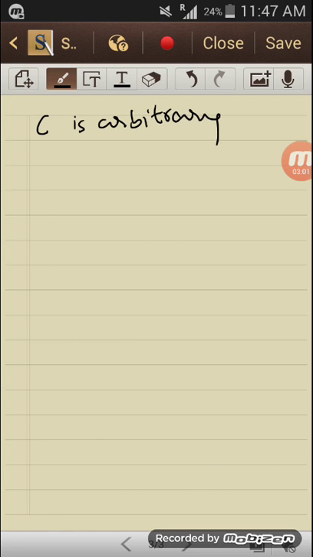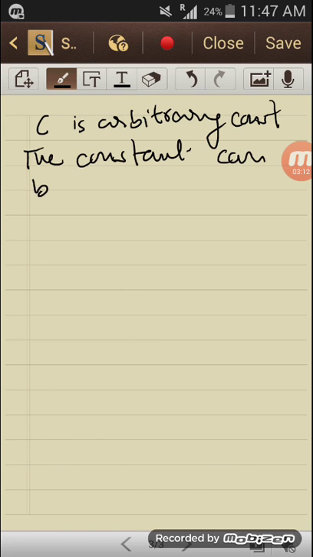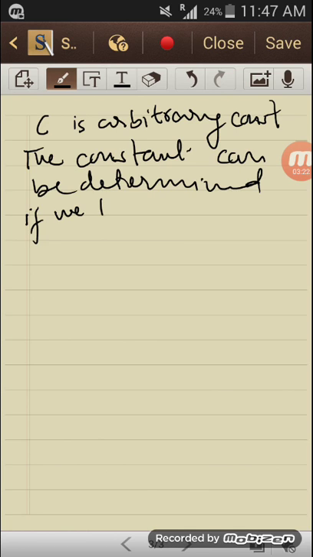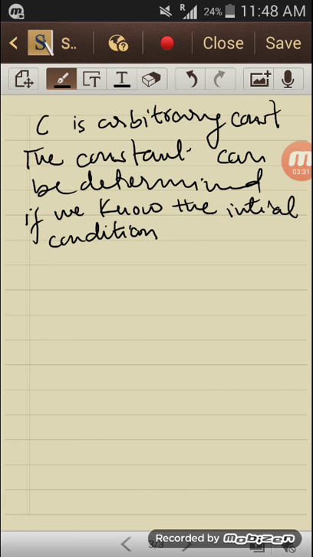The constant can be determined if we know the initial condition. Now focus on the initial condition.